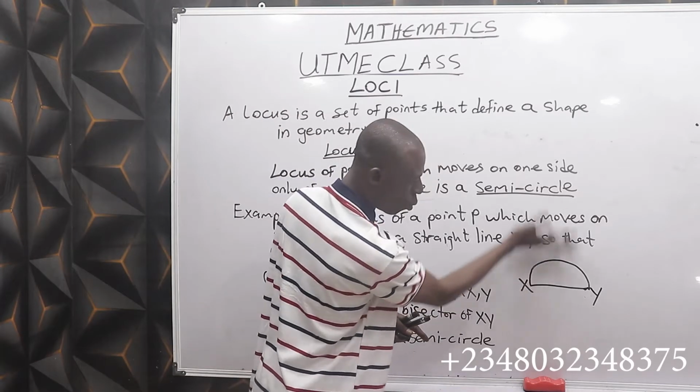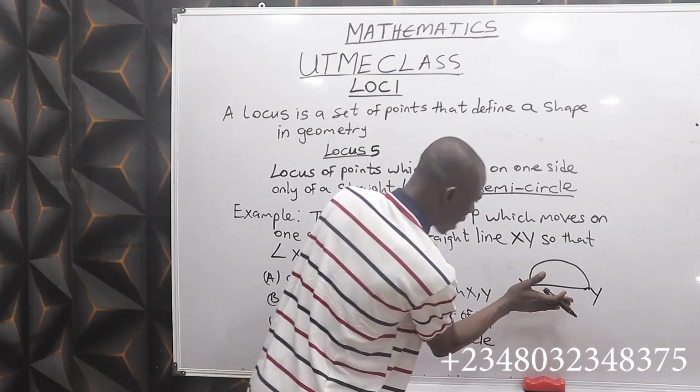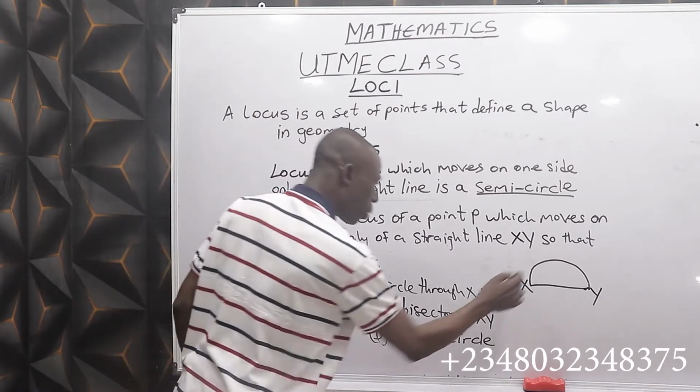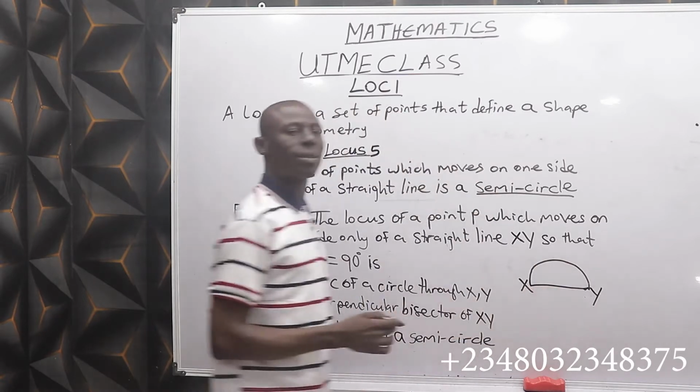No, this side is one side only. This is another side down here. It doesn't move there. On one side only of XY. So P could be anywhere here. It could be here, it could be here.